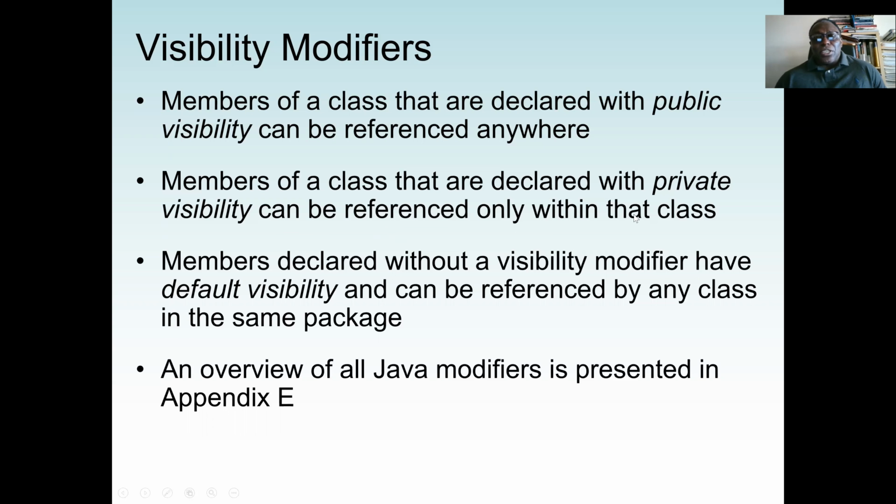So private is very good. Private means highly secured. As we said earlier, most of the time we make the data members of a class private, which is highly secure.